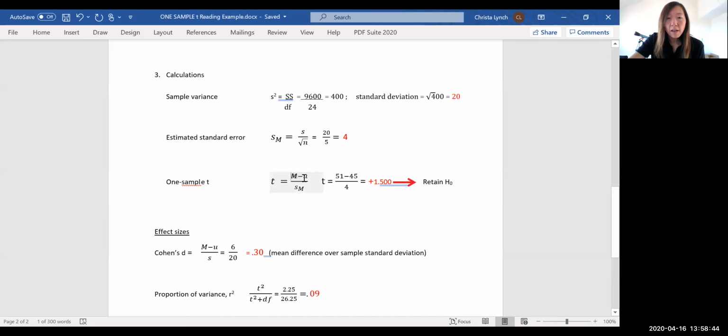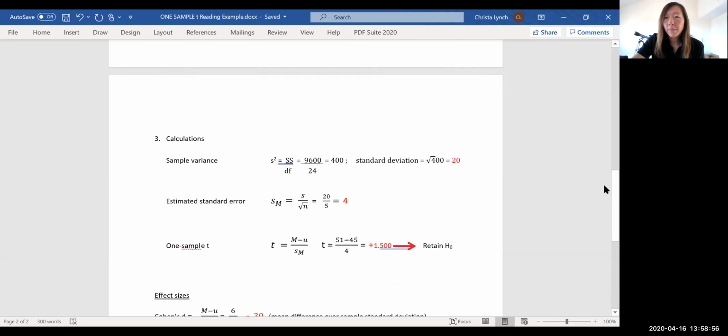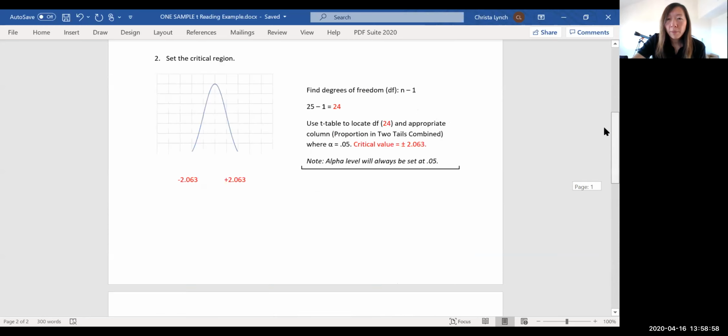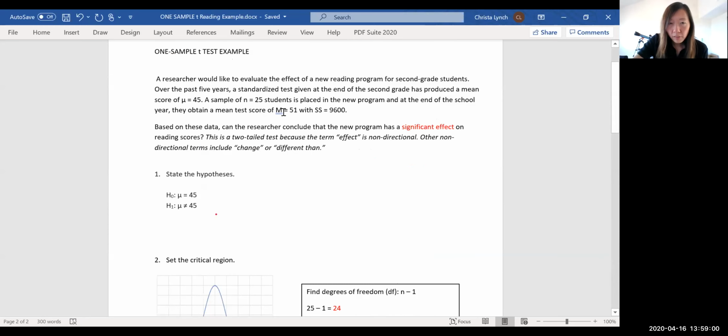So we're going to take M minus mu divided by the estimated standard error. This is the t-statistic formula. And so 51 minus 45, where did I get that information? We have to go all the way up here. Our sample mean was 51 and our population mean was 45.